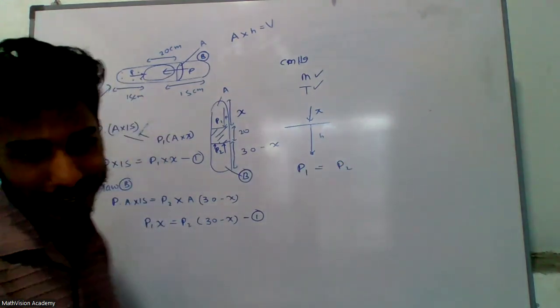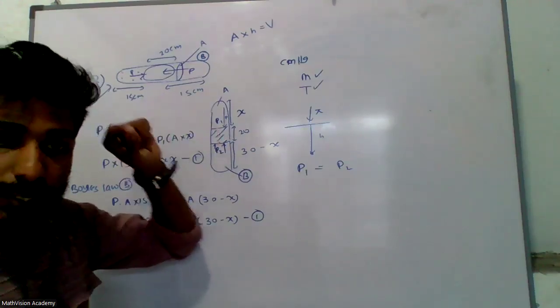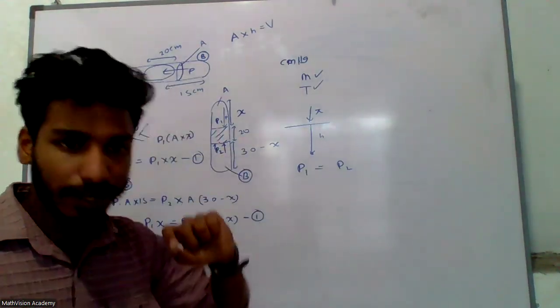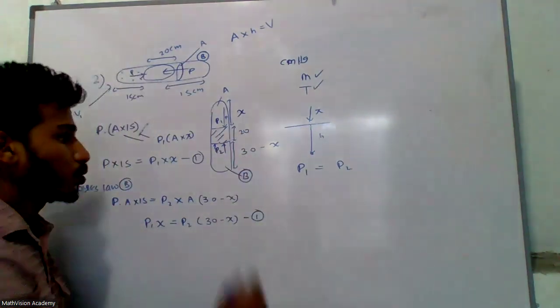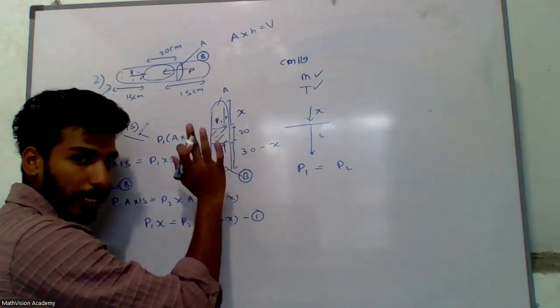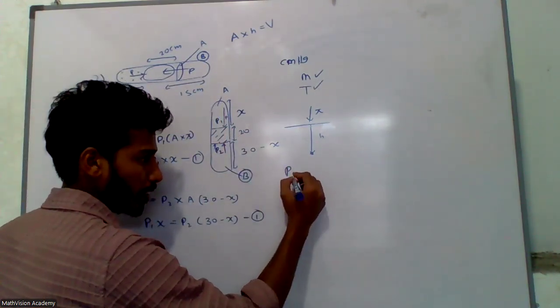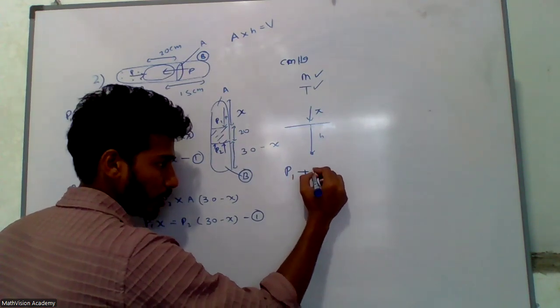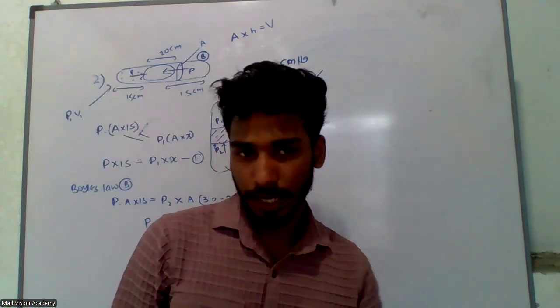No, you can't say that because you have a mercury column. There is a weight contribution by it, and the weight is acting over an area, so there will be a pressure created by it. So you have to find that it is P1 plus. That's the reason why I said to calculate in centimeter mercury.